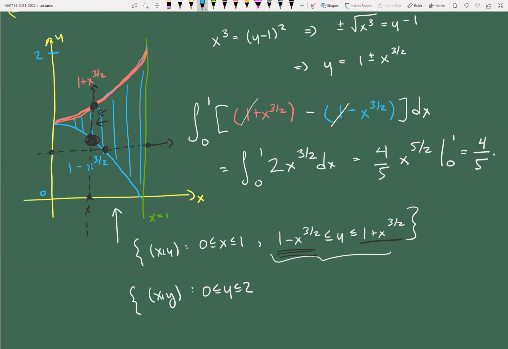So now it's going to be, what was this equation again? y minus 1 to the 3 halves less than or equal to x less than or equal to 1. So that 0 to 2 restriction you would use if you were doing it in the other direction. So both of these describe the same set, but they describe them in different directions.